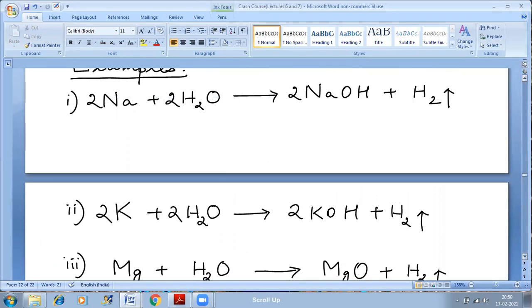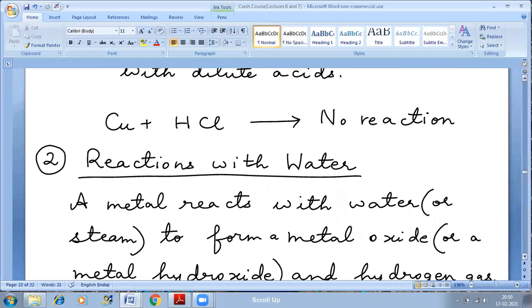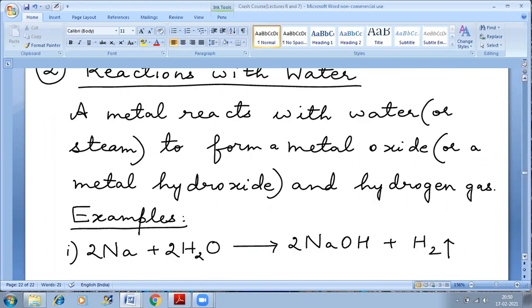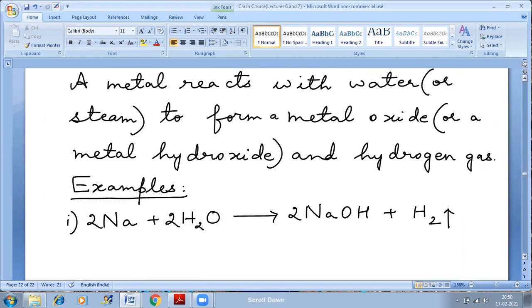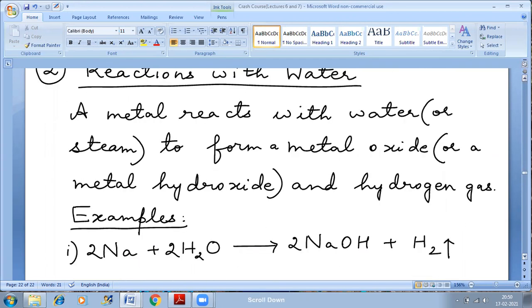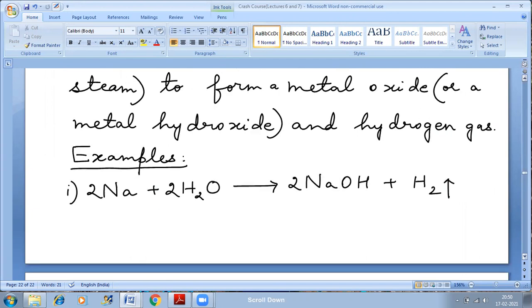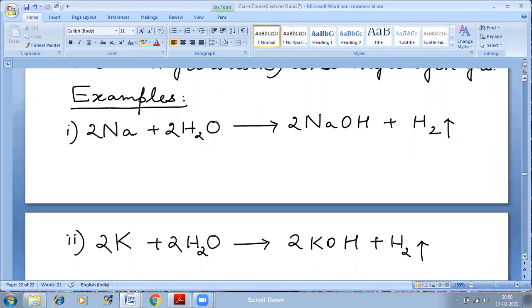Second reaction: reaction with water. So a metal reacts with water to form an oxide or a hydroxide and hydrogen gas. Some metals may form oxides, some metals may form hydroxides. You have to know these examples which I have written.